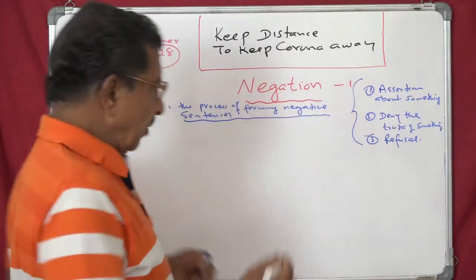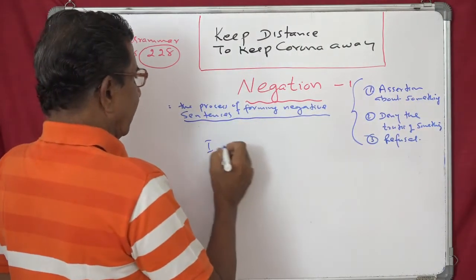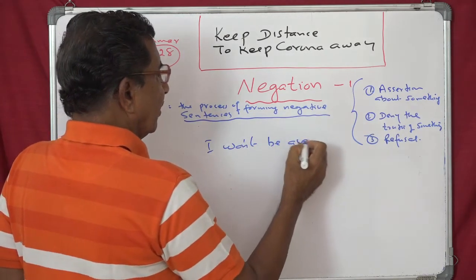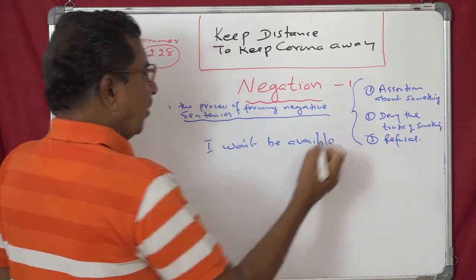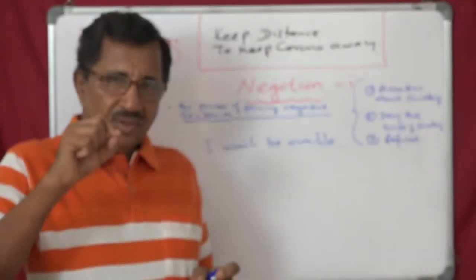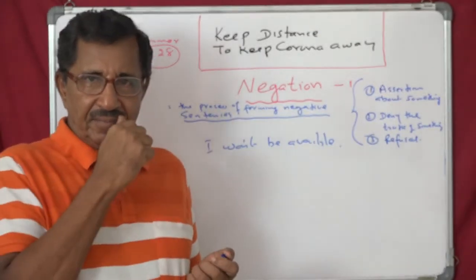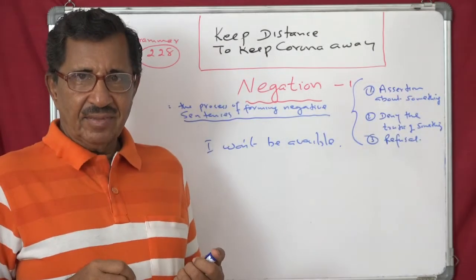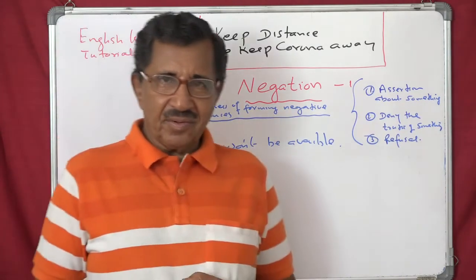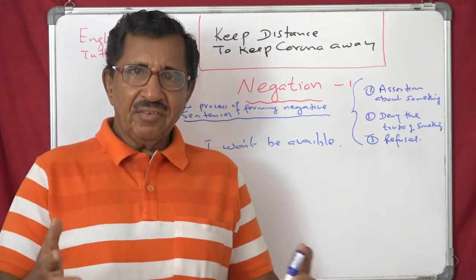You say, I won't be available tomorrow. The sentence is negative, but it tells you a fact. Asserting a fact, isn't it? I won't be available tomorrow.